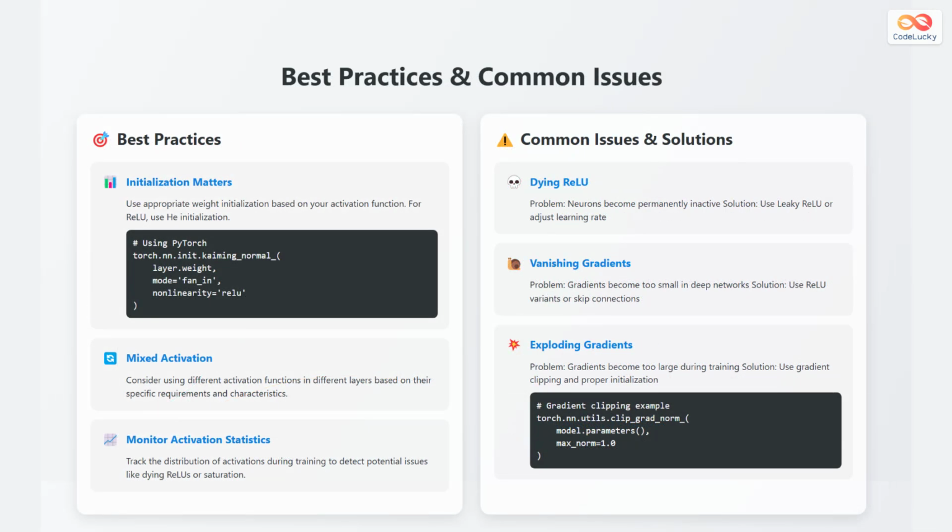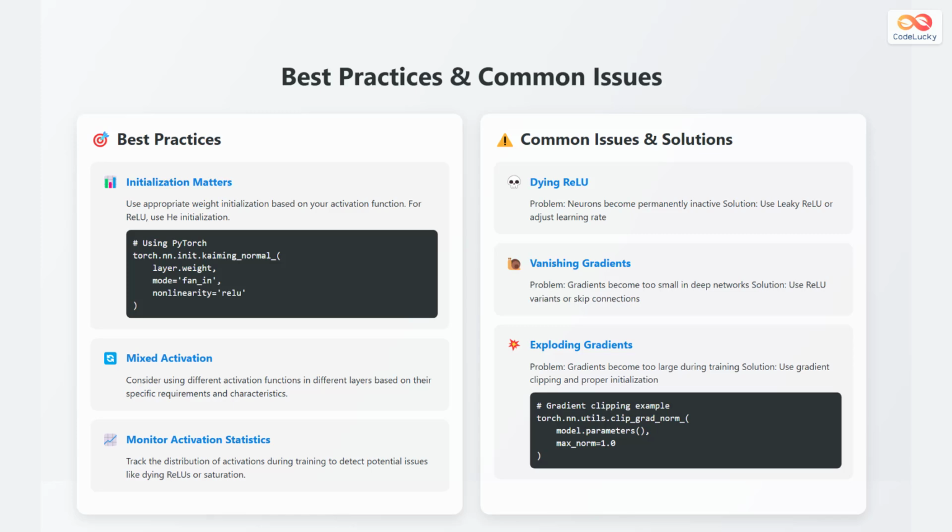It is important to use appropriate weight initialization based on your activation function. For ReLU, He initialization should be used. Also, consider using different activation functions in different layers based on their specific requirements and characteristics. Another best practice is to track the distribution of activations during training to detect potential issues like dying ReLUs or saturation.